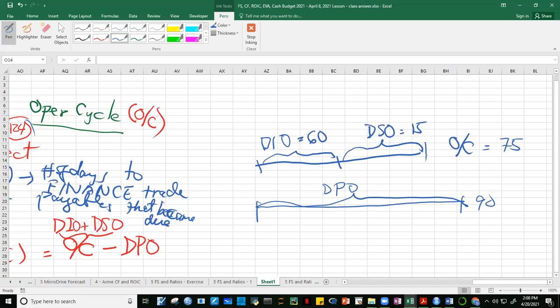So that means guys, nakolekta na natin yung pera, tapos sa 90th day pa tayo magbabayad sa payables natin, di ba? Alright? So that means negative 15 kasi 75 minus 90. So that leaves us with 15 more days in order to use the funds for something else bago tayo magbabayad dun sa trade payables natin.